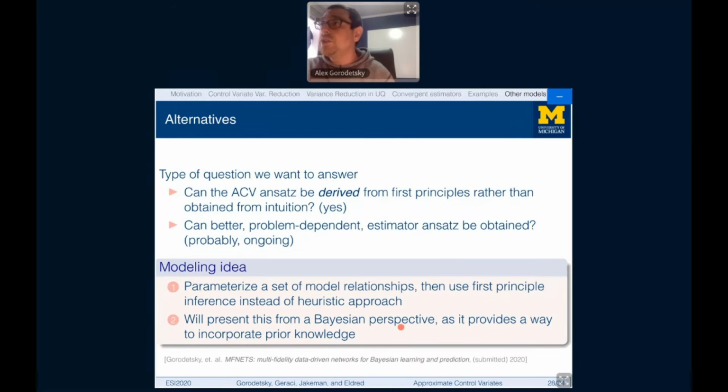And so the general idea of this way to obtain these settings that we've worked on is we're going to parameterize a set of model relationships and then use statistical inference ideas instead of a fixed combination, for instance, as a control variate correction for the inference. So first principle inference is, for instance, Bayes' rule as a first principle inference.